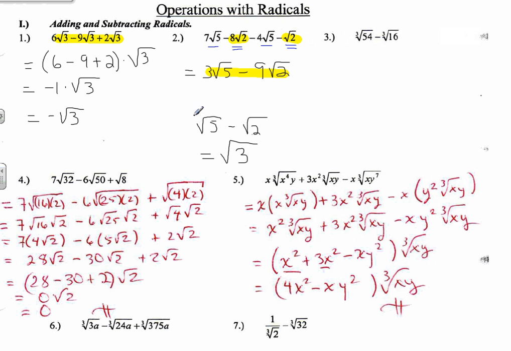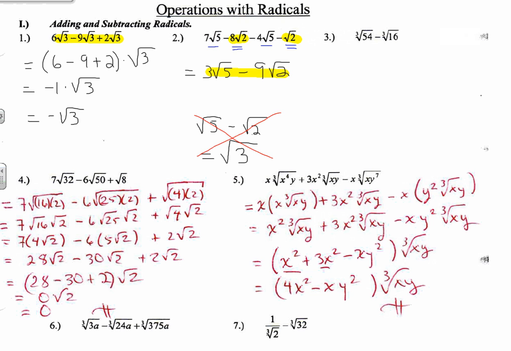That is a big no-no. You cannot combine radical 5 and radical 2 because they are not like radicals. For that reason, up here, I cannot combine 3 radical 5 and 9 radical 2. These are not like radicals, so that answer right there is in simplest form.